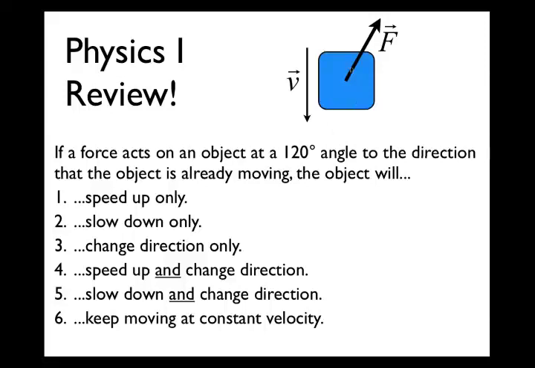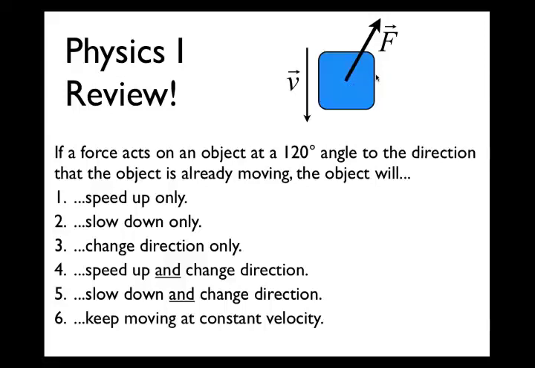One way you can think about this is if I have a force at this direction, that force could be broken into a horizontal component and a vertical component. Well, the vertical component of the force will be exactly opposite to the direction of the motion, so that part of the force will act to slow the object down. But there's a component of the force as well that is perpendicular to the direction of motion.